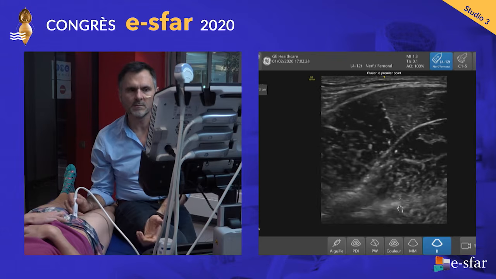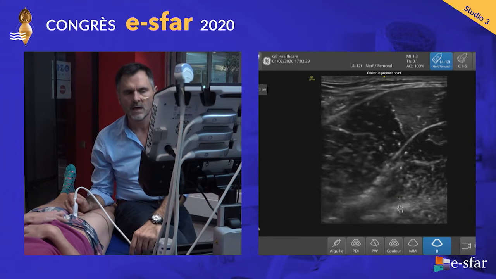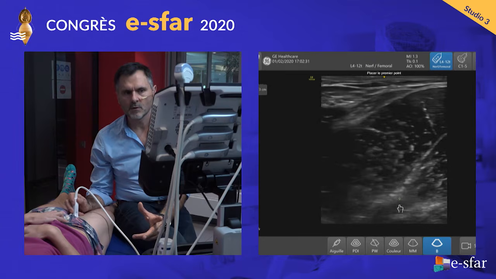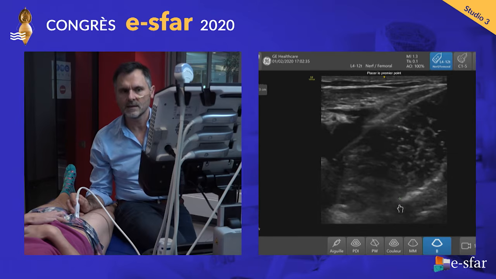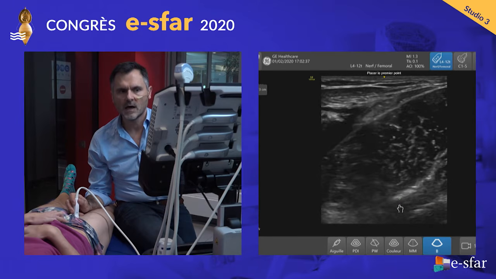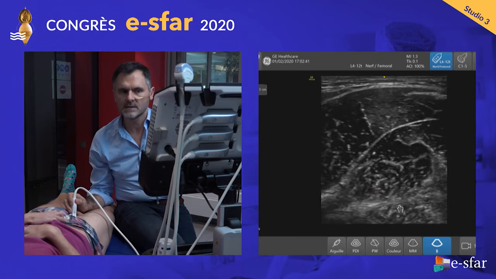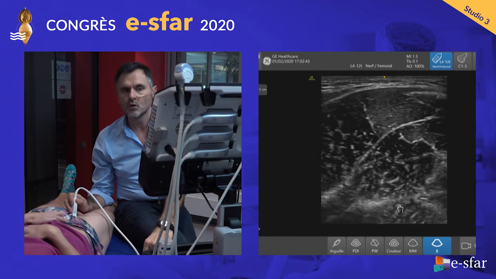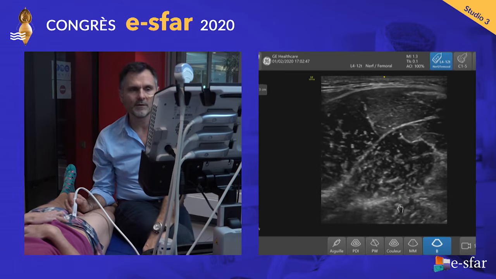Personally, I use an in-plane technique, but you can use an out-of-plane technique if you want. The point is, you have to be careful about the femoral vein, and sometimes we have to go very medially before performing this block to avoid direct puncture of the femoral vein.